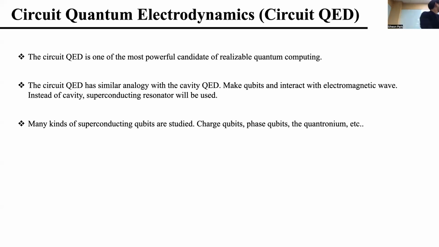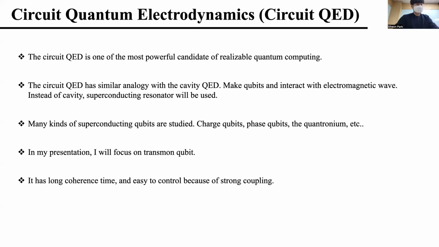Instead of a cavity, in circuit QED we use a superconducting resonator. I will talk about that later. Many kinds of superconducting qubits are studied, like charge qubits, phase qubits, quantronium and others, but in my talk I will focus on the transmon qubit.